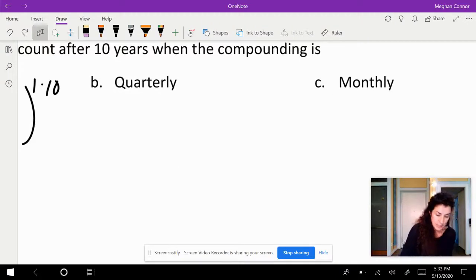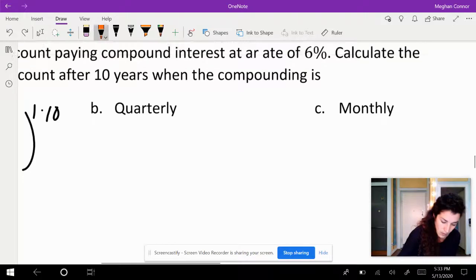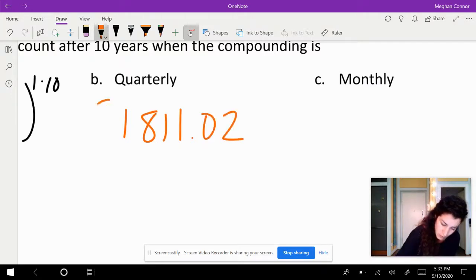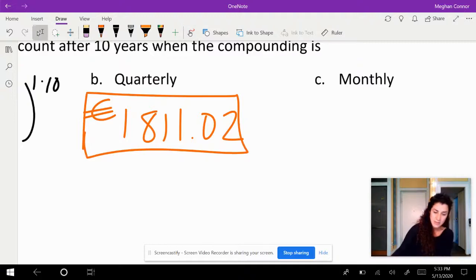Okay, quarterly. The thing that I'm changing here is that it's compounded quarterly, which means it compounds 4 times. To find my final value, fantastic, 1,814.02 euro should be the answer there.